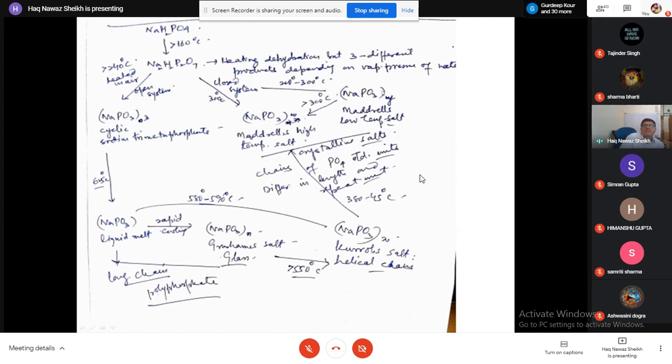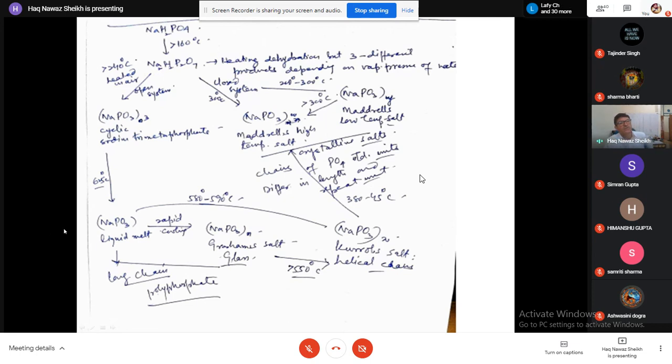These are crystalline salts of phosphate tetrahedral units that differ in the length and the repeat unit. And when this cyclic compound is heated to 625 degrees Celsius, you form a liquid.